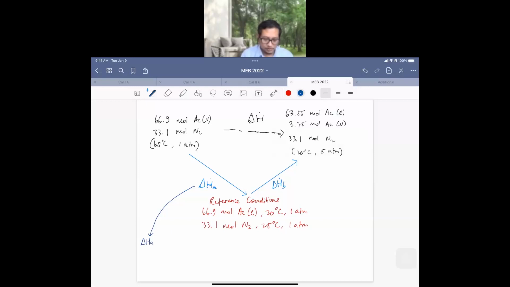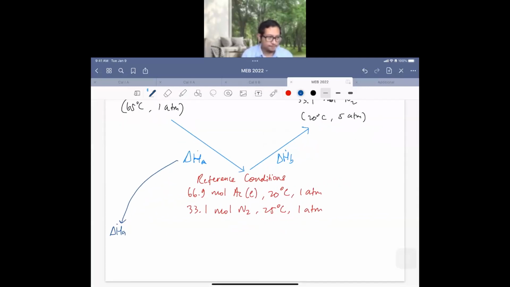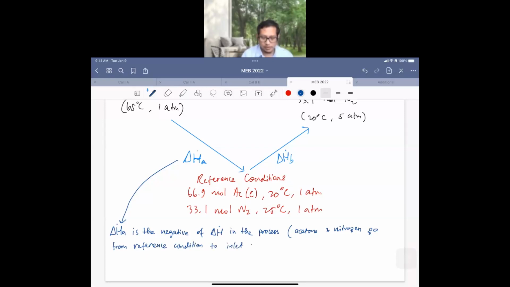So delta H A is the negative of delta H in the process in which the acetone and nitrogen go from reference condition to the inlet conditions.